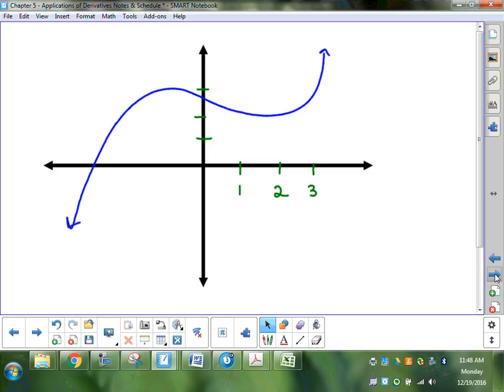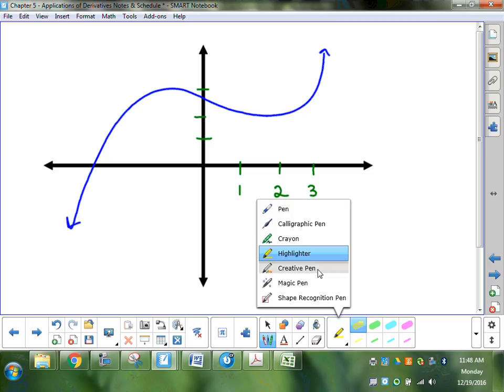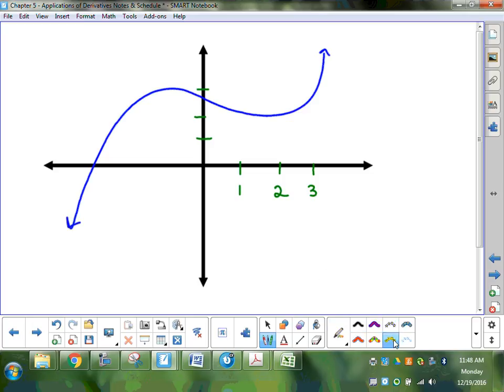Let's say I asked you to evaluate the polynomial at 2. Now, you're going to try to evaluate that polynomial at 2.